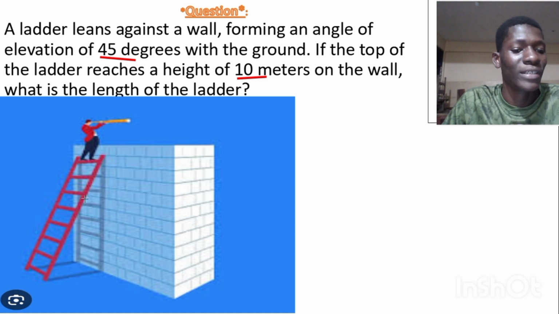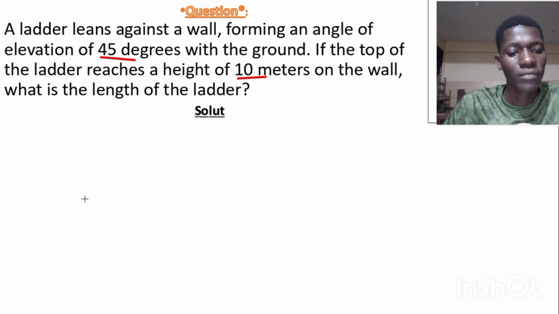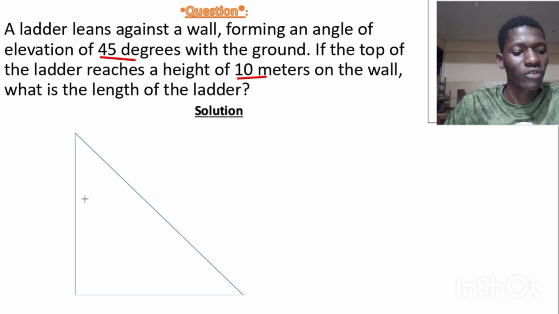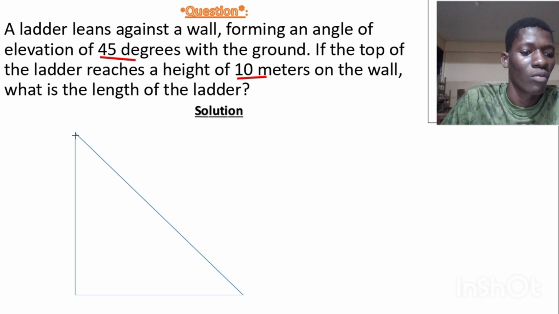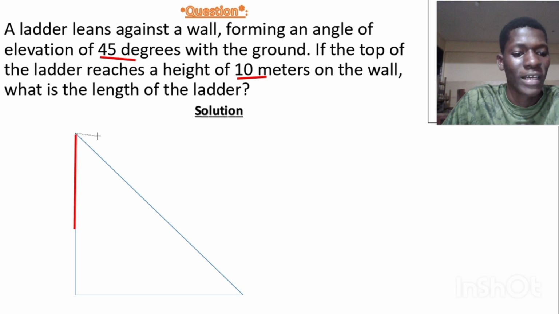So we will represent this diagram by what? A triangle. So in our solution, we draw our triangle. So in this case, this is the wall. So this is the height of the wall. And this is the ladder from the wall to the ground.